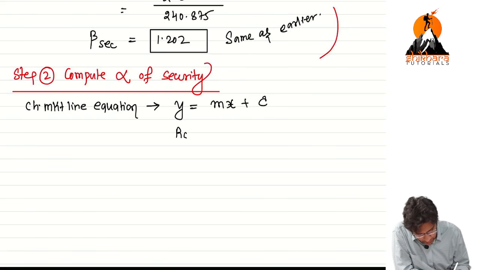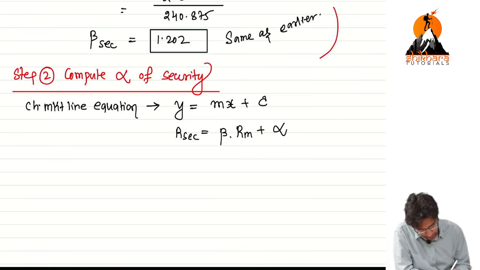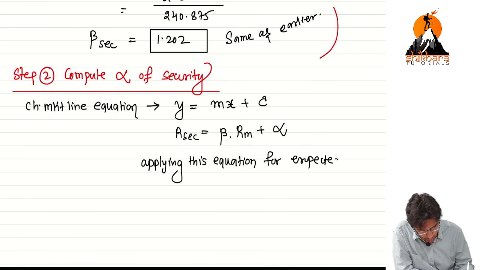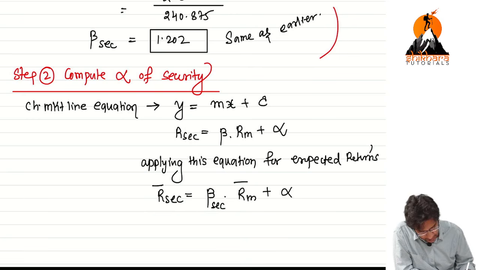Y is security return, m is beta, x is Rm, and c is alpha. Applying this equation for expected returns, how will it look? Expected return of security equals beta of security into Rm bar plus alpha.